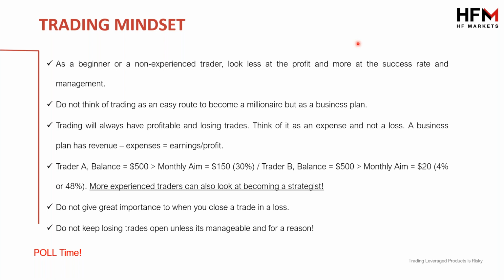Because if you have a good success rate, and if you have a responsible, safe, and well-managed account, to change that from being at a break-even point to going forward a profitable trader is a lot easier than somebody who has, yes, a profitable account, but his success rate is poor and the management of his account is poor.